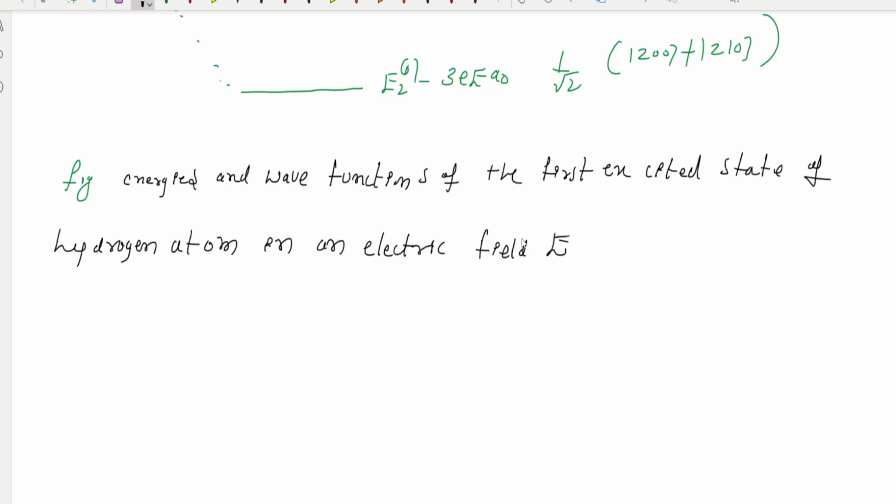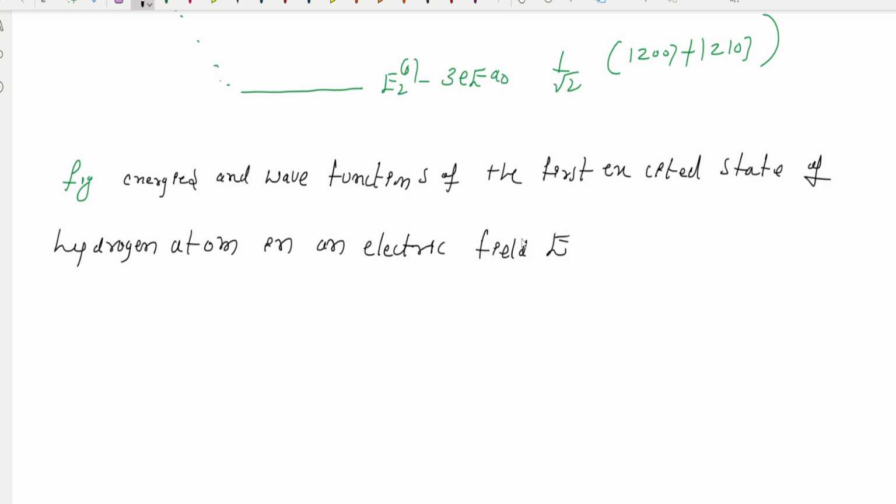The hydrogen atom in the first excited state possesses a permanent electric dipole moment of magnitude 3 E A naught with different orientations, one state parallel to the external electric field, one state anti-parallel to the field, and two states with zero component along the field.